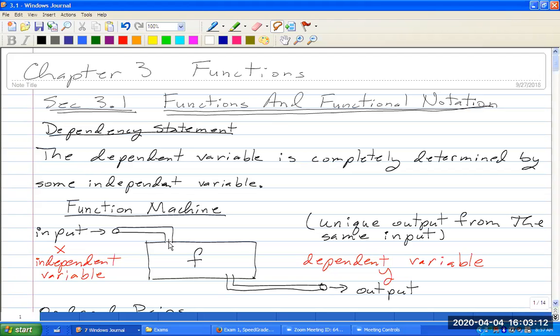And so that is the idea of a function. If you input the same X at differing times, the function machine, whenever you give the same input, you should have the same output.